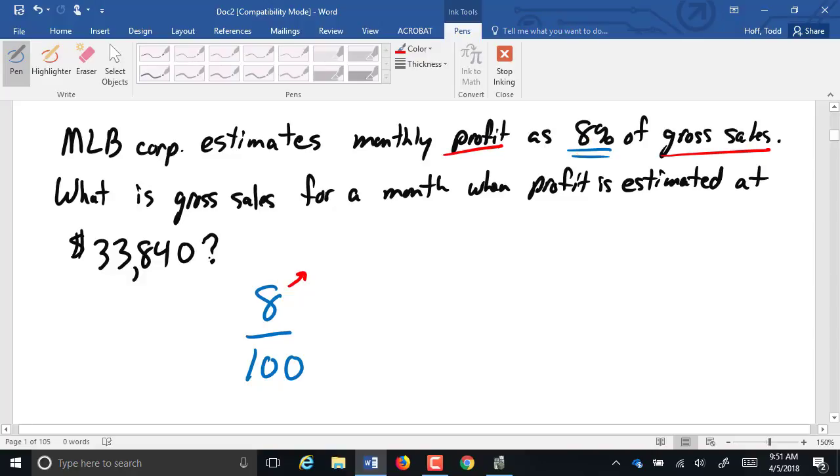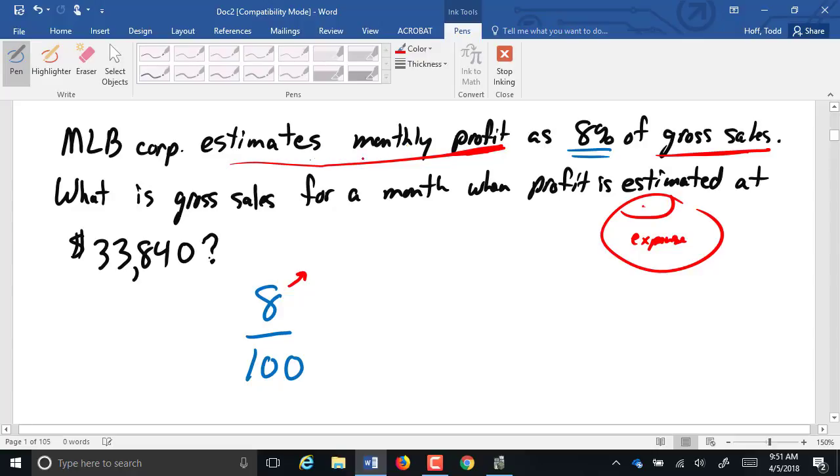The 8% is used to find what? Which one's bigger, gross sales or profit? Careful. Yeah, you have your whole sales and only a portion of that's profit, right? The rest of it goes to cover expenses. So your profit's a piece of that. The profit is calculated from the gross sales.